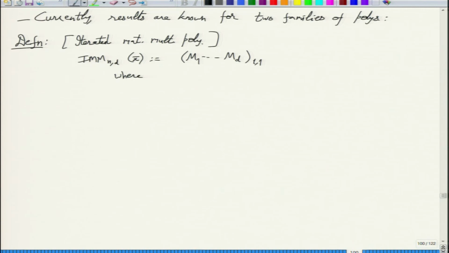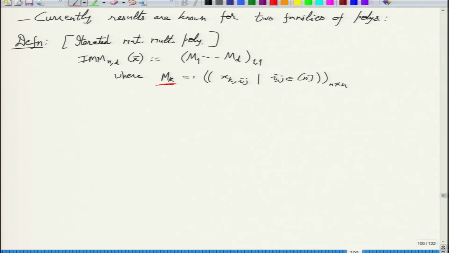Where Mk is the matrix Kij, n cross n. So each Mk, k from 1 to d, is an n cross n matrix, where you can identify the variables as x, k, i, j.